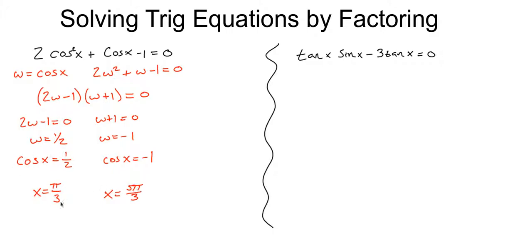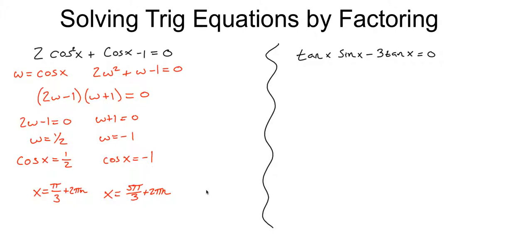But since we're looking for all the possible solutions, we would have to put plus 2 pi n, and same thing here, plus 2 pi n. That's going to account for all additional rotations. If we were restricted from 0 to 2 pi, we wouldn't need that, but because we're unrestricted here, we do need it. And the last one is the cosine of x equals -1.